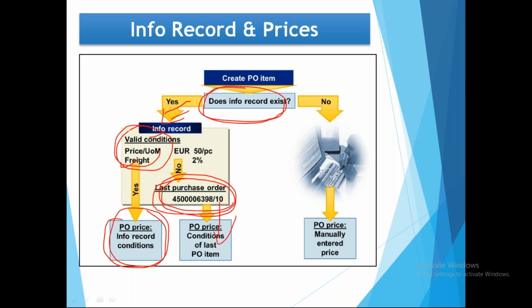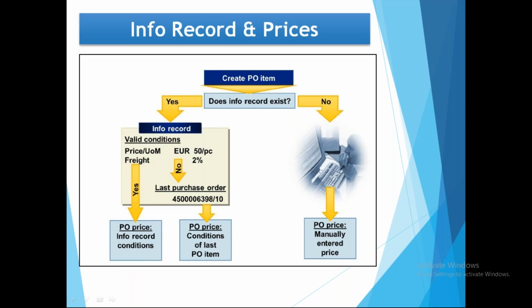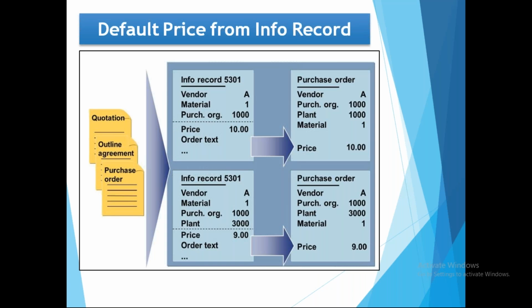And if there is no info record and no last purchase order, then if nothing is there, the user has to enter the price manually in the purchase order. So this is how the system looks for the data whenever you are creating the PO. Okay, so now let's move on.